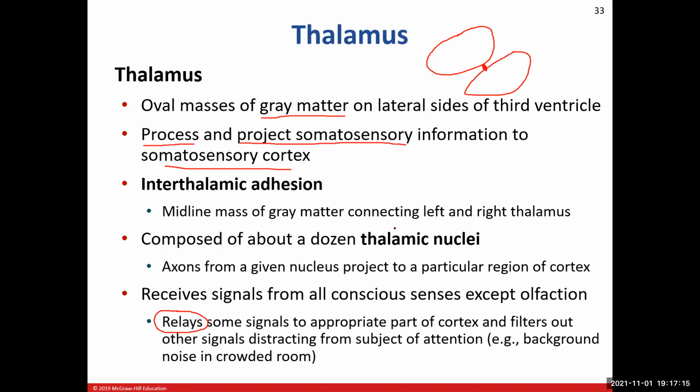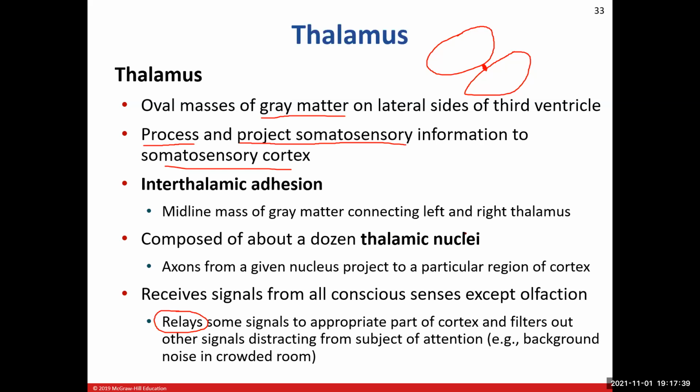If the thalamus relays information to the somatosensory cortex, that's when you have conscious perception of whatever it is. Okay, so that conscious perception means that the thalamus has projected that sensory information to your somatosensory cortex.